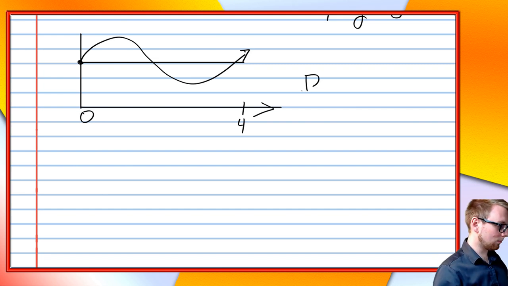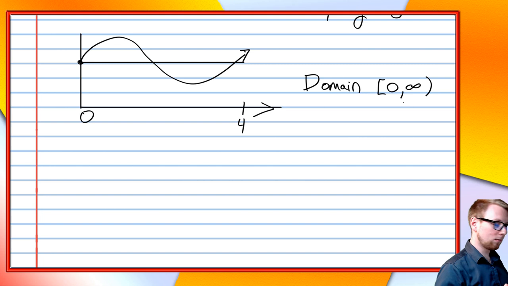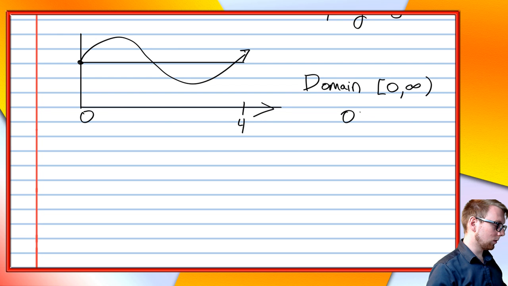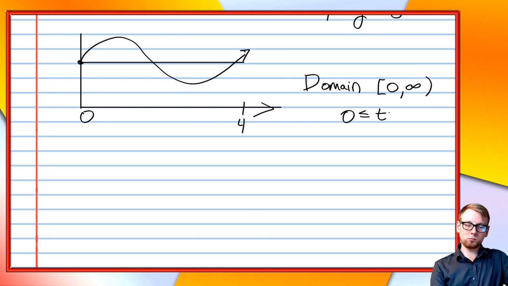So the domain would be from 0 to infinity, or another way to write it would be 0 less than or equal to t. See what I mean?